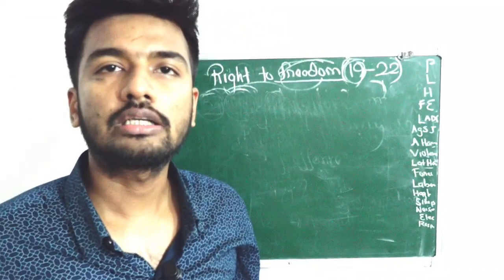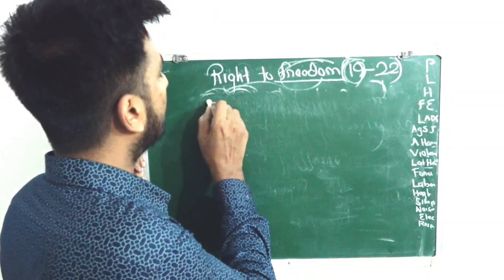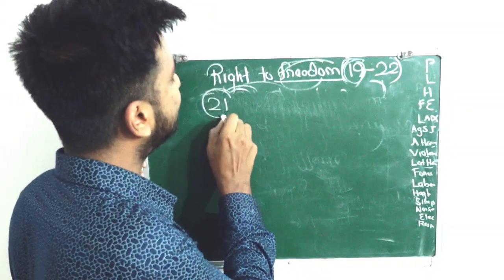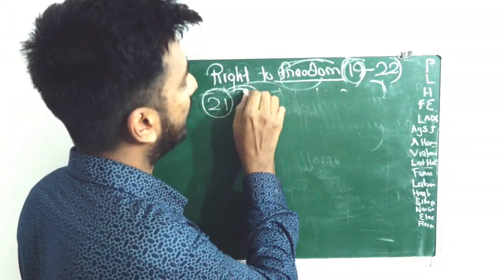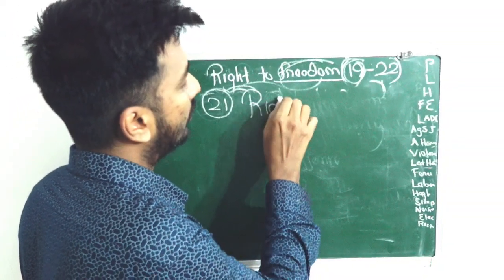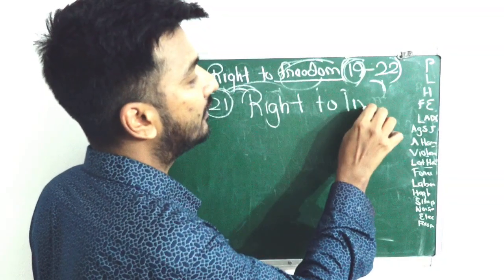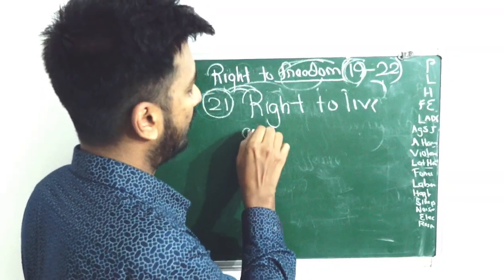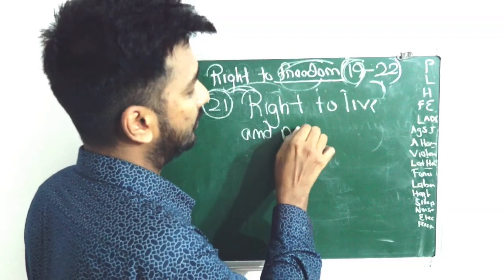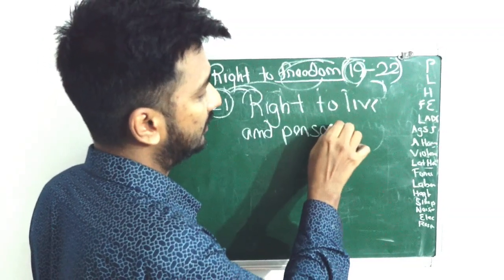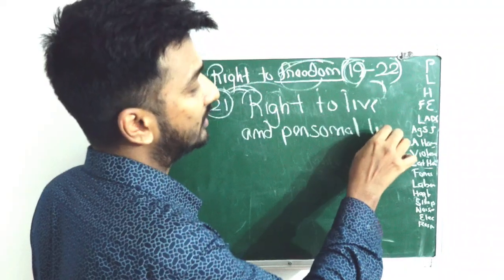So the next article under right to freedom is Article 21. What does this Article 21 say? Right to live and personal liberty. What does it mean?